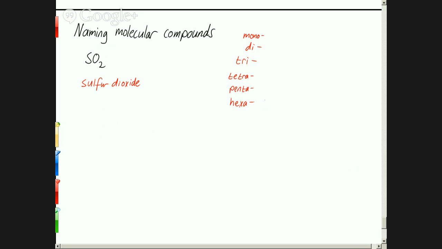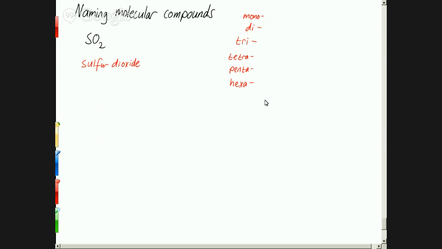So we simply say how many things there are using these prefixes. And we still use the "-ide" suffix for the second thing, even though it's not really an ion. You'll also notice when there's just one at the beginning, we leave mono off.